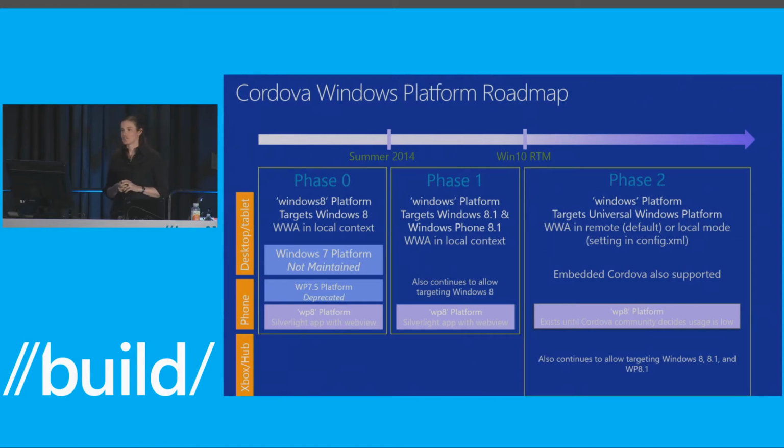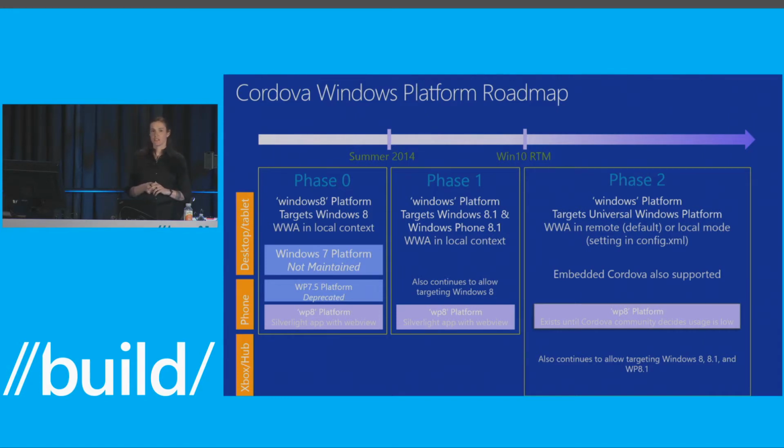And there's a single platform called Windows that can target those UWP apps and have a true single binary that will target tablet, desktop, phone, Xbox, Surface Hub, all of the great other devices on the breadth of Universal Windows devices. Because Windows Phone 8 is still in market, that platform continues to exist.